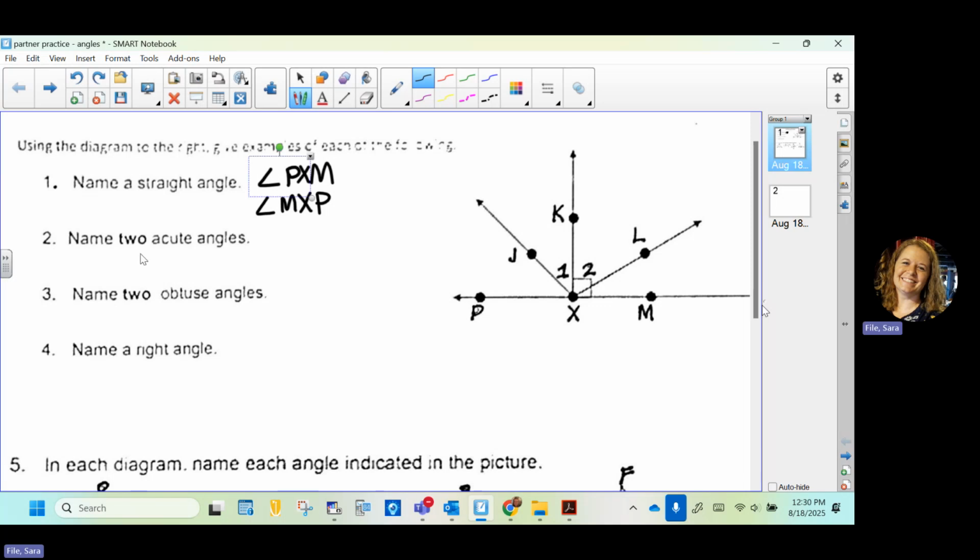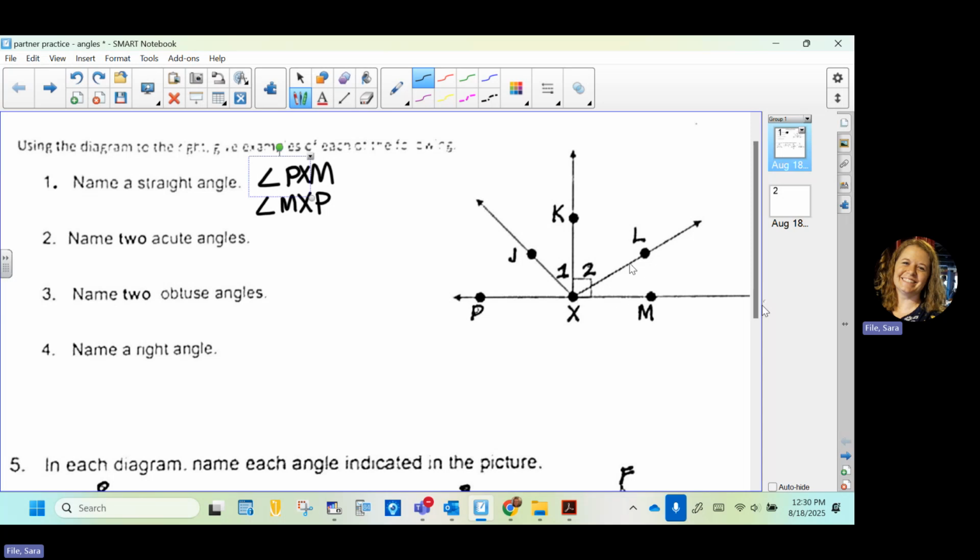Okay, so now we want 2 different acute angles. So acute means small. So does anybody want to share what one that they named? You can raise your hand. Okay, yeah, Destiny. LXM. And remember, connect the dots. Let's trace it and see. L to X to M. Okay, so this bottom right angle here, that is less than 90 degrees.